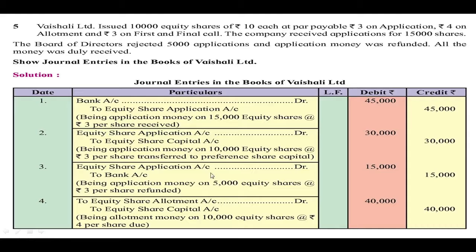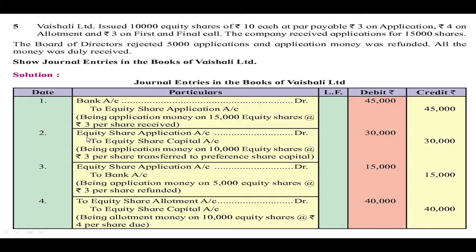Either you can pass the combined entry here, that is equity share application account debit 45,000 to equity share capital account credit 30,000 and bank account 15,000, or else you can pass separate entries like this. The first entry is for the transfer of share application money to the equity share capital account.